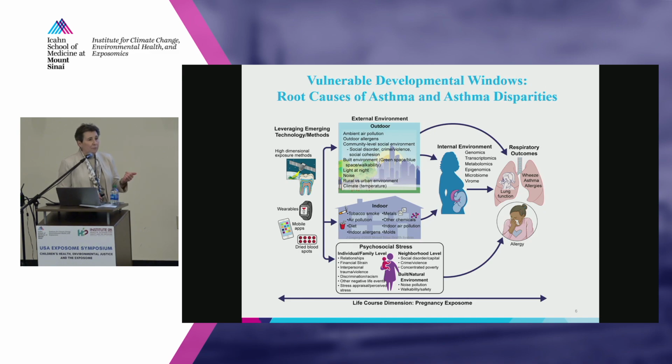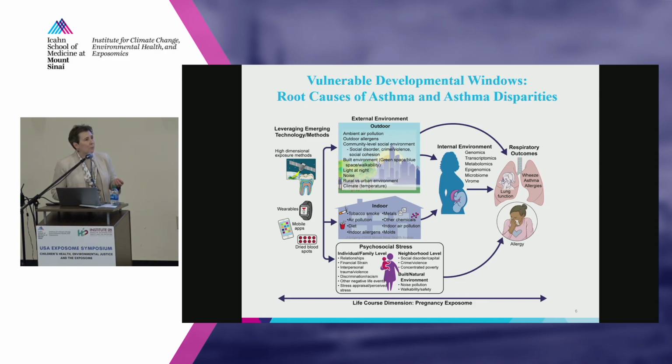It's the indoor environment where we've been largely focused as asthma epidemiologists: indoor allergen exposures, tobacco smoke exposure, these kinds of things, and pollution indoors. But we also know it's outside, the ambient environment and the built environment. Air pollution is one we're particularly looking at outside, but there are multiple factors there as well.